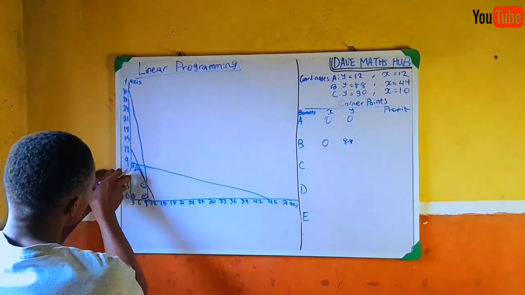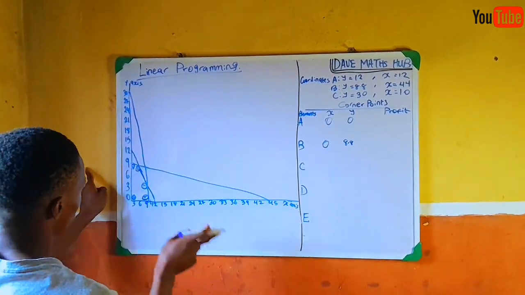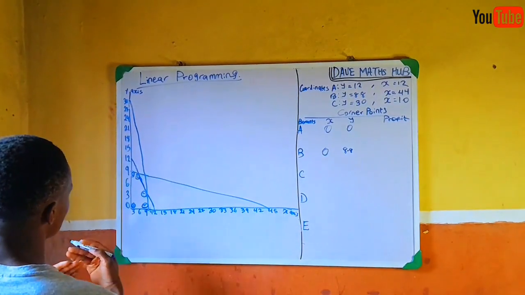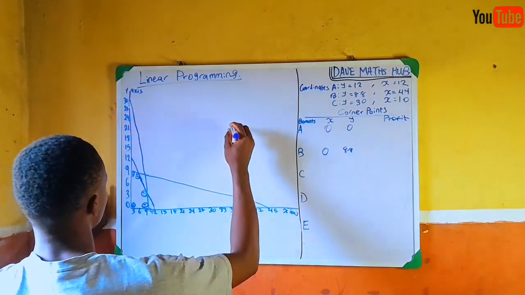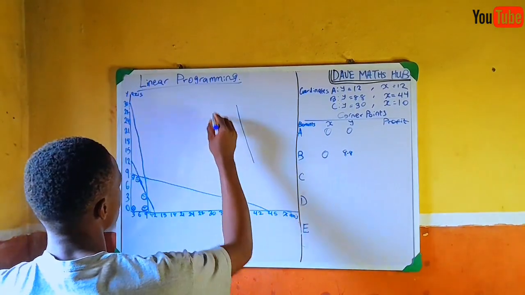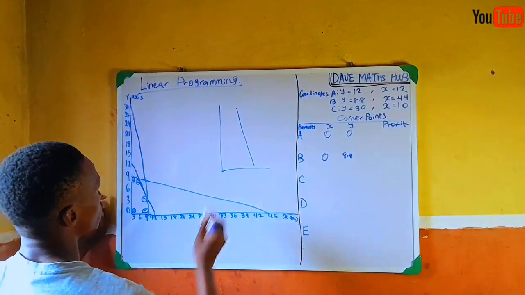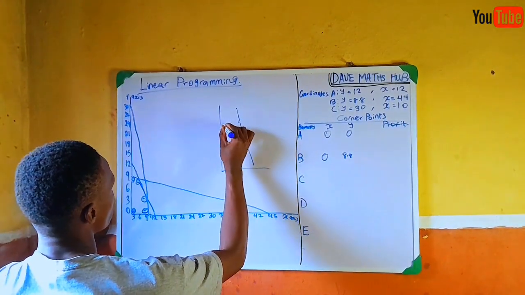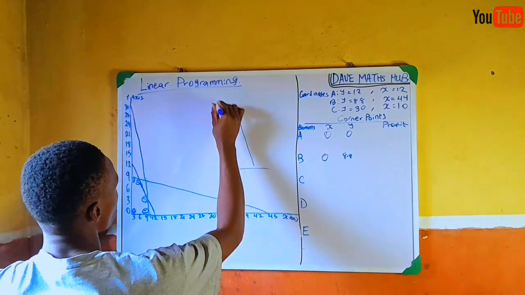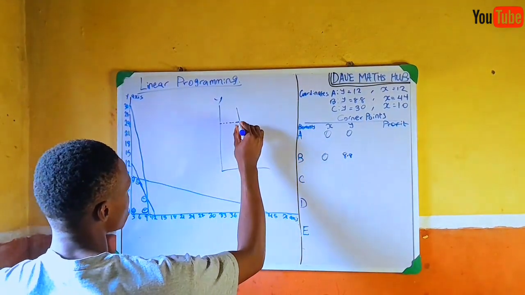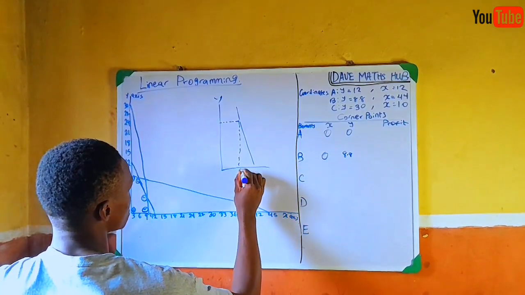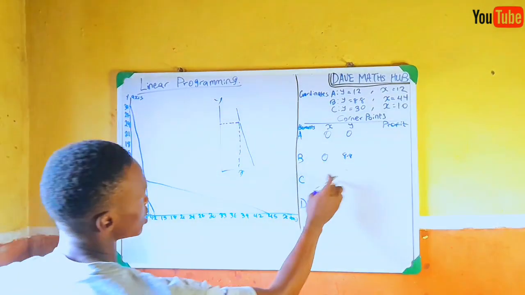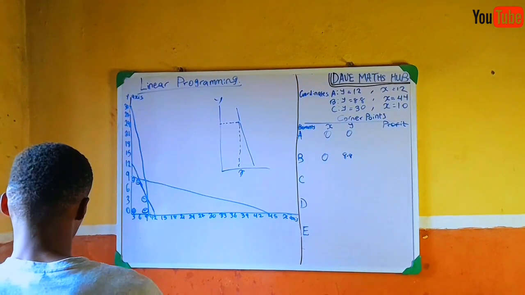For C now, C is not touching y, is not touching x. So we have to trace it to where it touches y, because it's just like this. Looking like this, this is y, this is x. So let's say this is somewhere our C. So we have to trace it to where it touches y-axis, and trace it also to where it touches x-axis in order to get our missing variable.